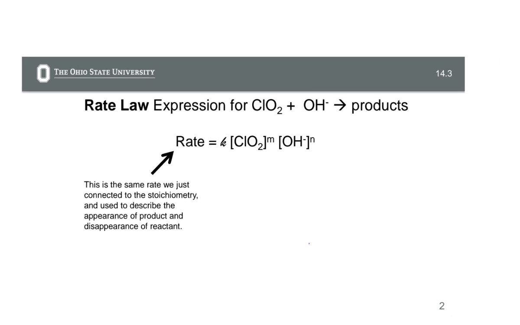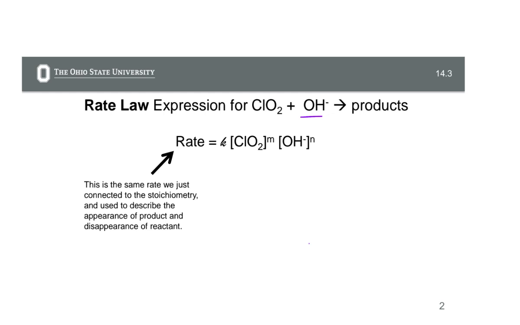So for the reaction of ClO2 plus OH minus, hydroxide, to form products, we could write out a rate law like this. Rate equals the rate constant times ClO2 raised to the power of M times OH minus raised to the power of N. Okay, and this rate is the exact same rate that we saw in the previous slides.